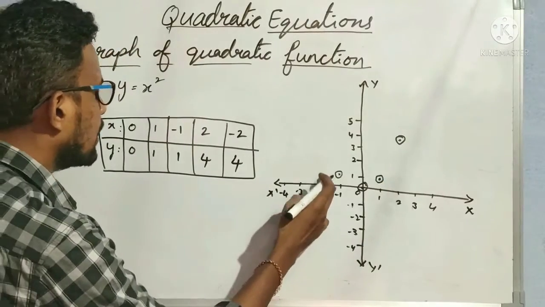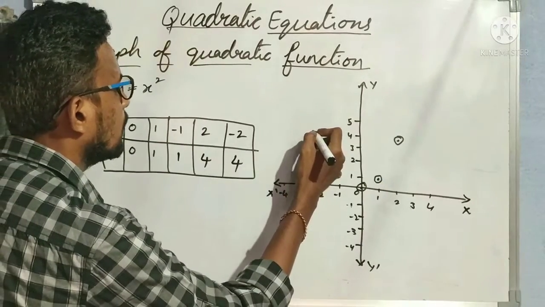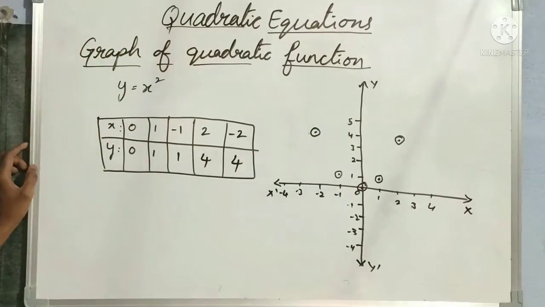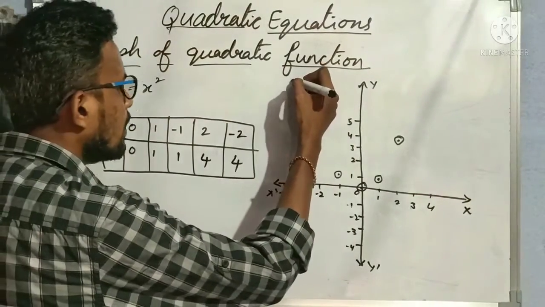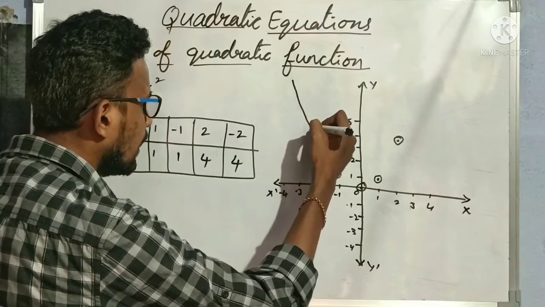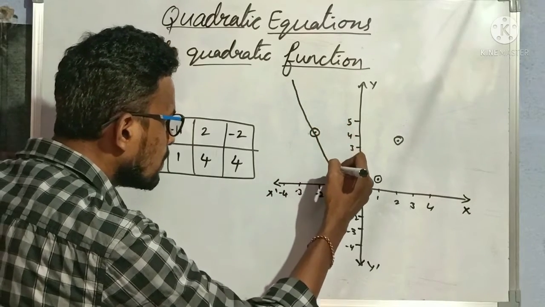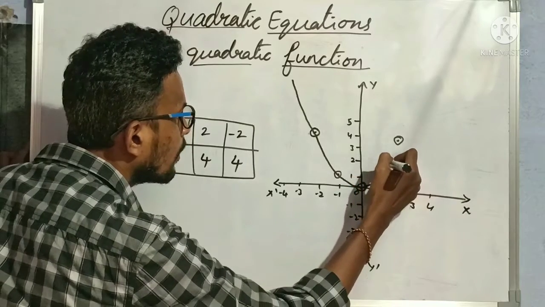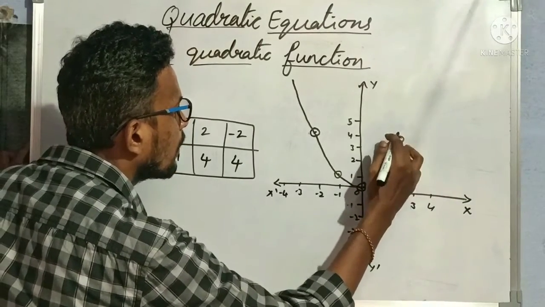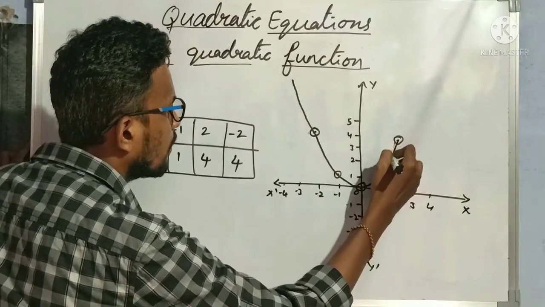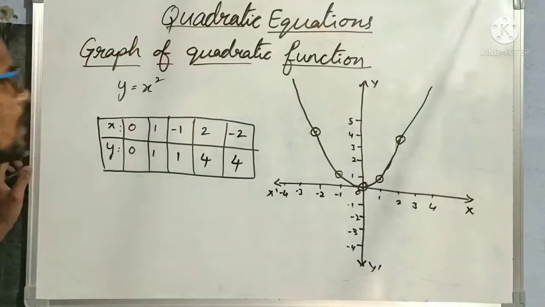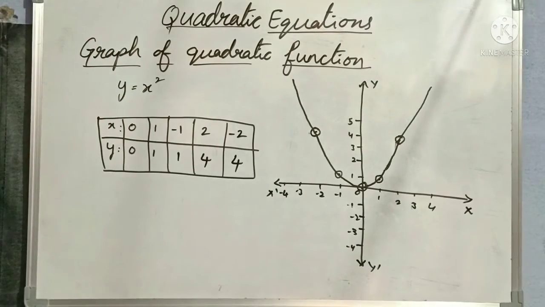And when x value is minus 2, then also our y value is 4. So here. Now we need to join the points by using a curve like this. Right? This is our y is equal to x square graph.